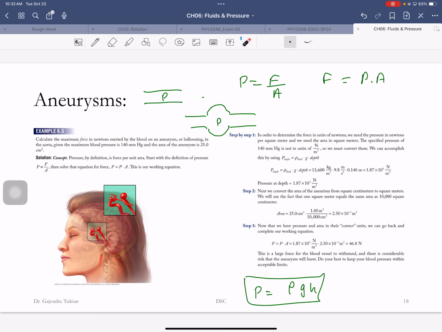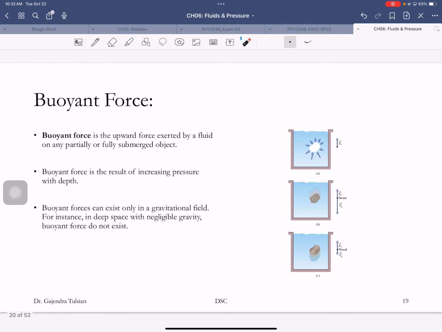And this happens inside your brain. If a blood vessel bursts inside your brain, that's bad news. So you want to keep your blood pressure within acceptable limits. Did you guys understand that? So when the area increases, the force increases.